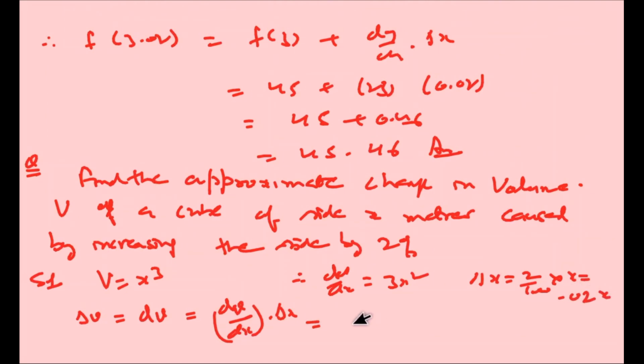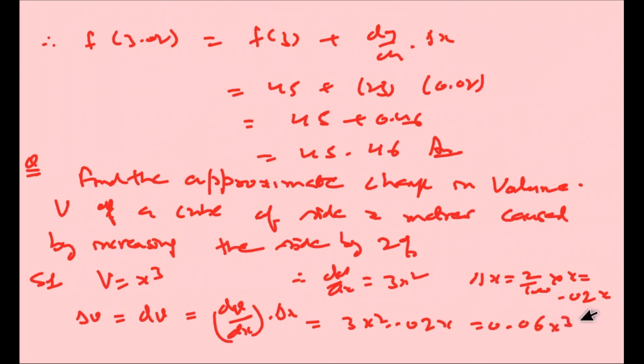So we put here 3x square into 0.02x, and we get 0.06 x cube.